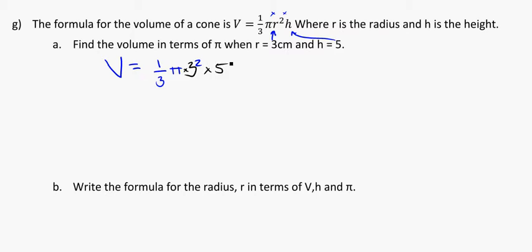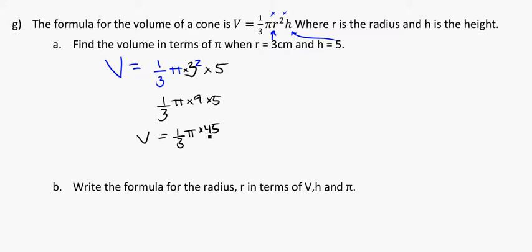Because it's 5. Okay. Now 3 times 3, or 3 squared, is going to be 9, so I'm going to have 1/3 pi times 9 times 5. And 9 times 5 is actually 45. So 1/3 pi times 45 is equal to V. And now I need to think about dividing to simplify this fraction.